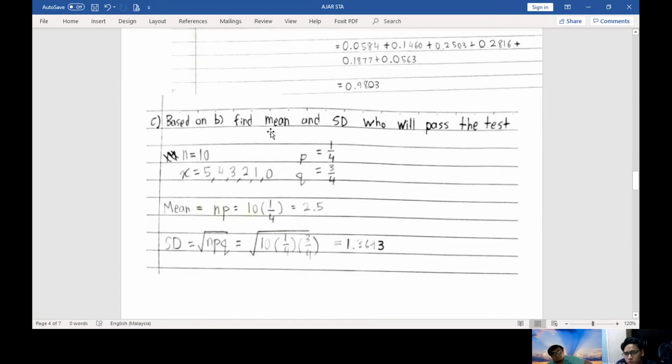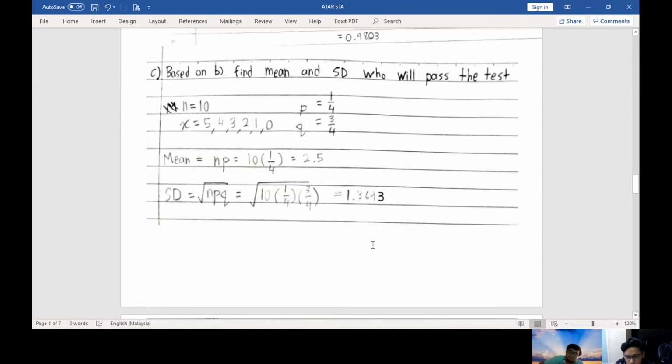So this is the formula for how to find mean. Just multiply n with p. And for SD, you just need to square root and multiply n by p, multiply by q. So you just put the variables, and you will get the answer here.